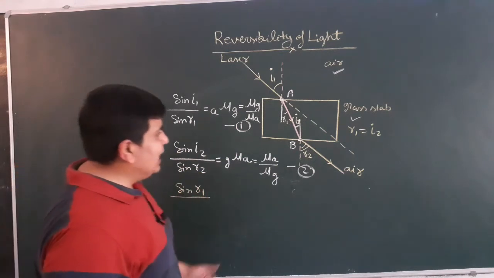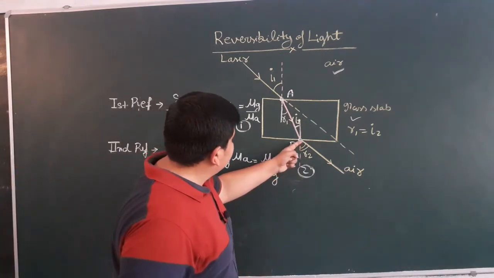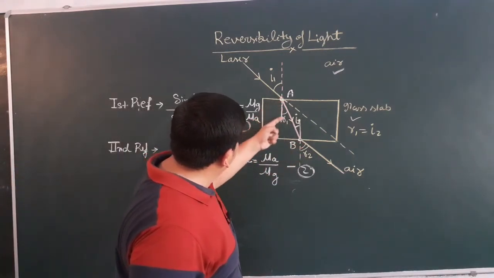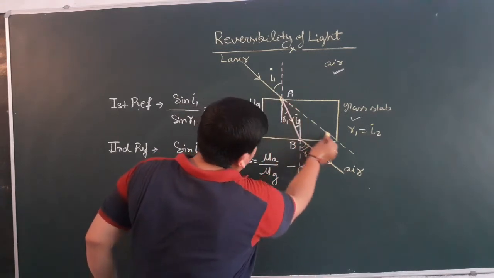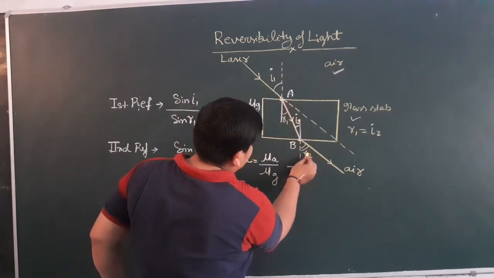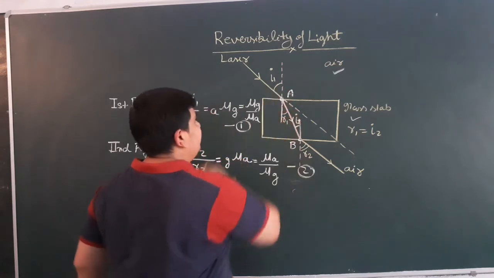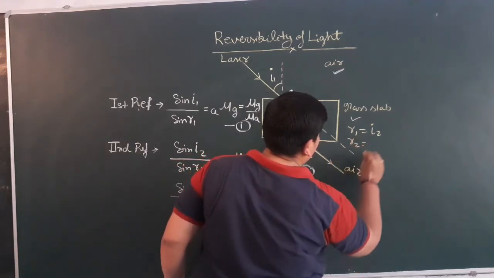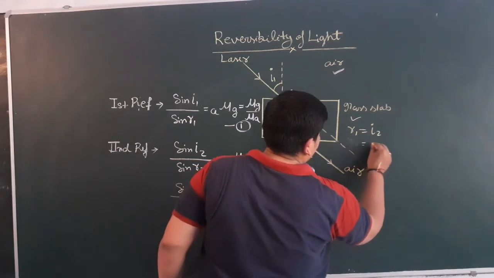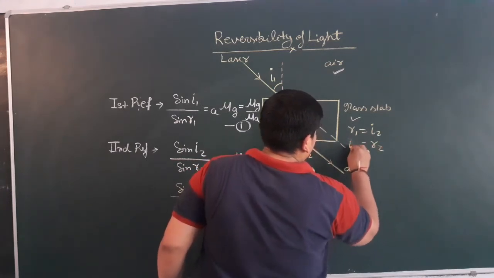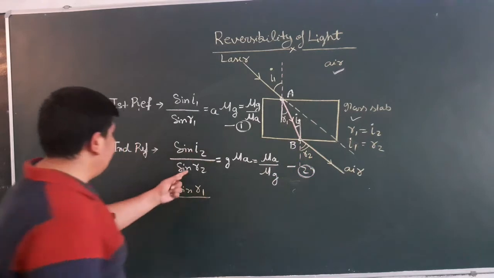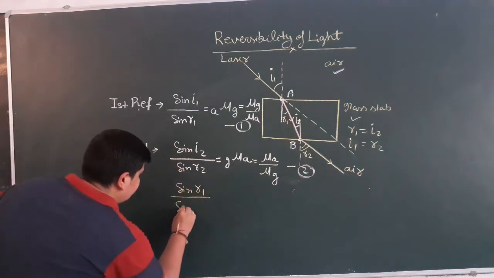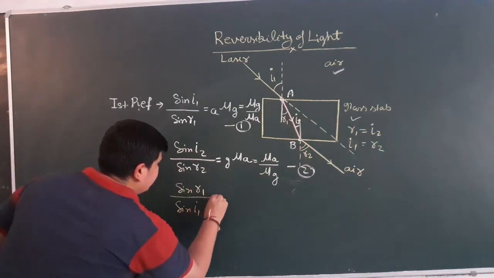Also, this normal is parallel to this one, and this light ray is parallel to this one, which means angle R2 is actually equal to I1. So we can replace R2 with I1. The rest is the same.